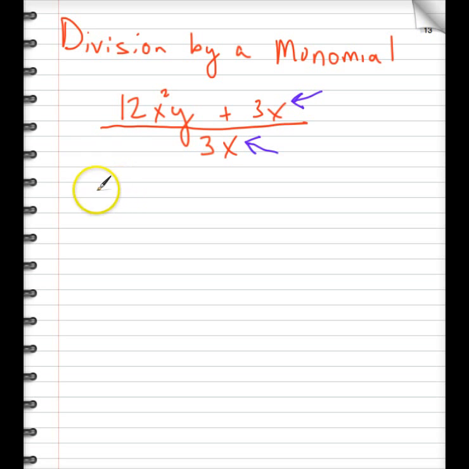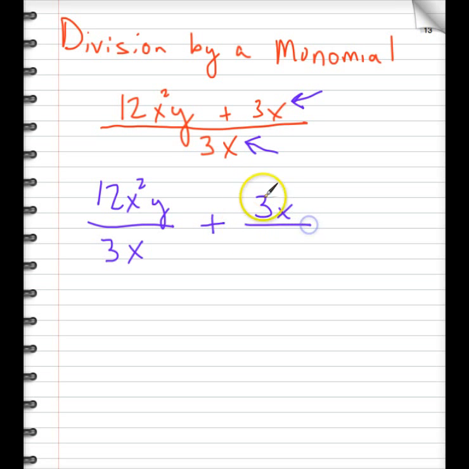So, what I'm going to do is rewrite my 12x squared y, and divide that by my denominator of 3x, plus my other term in the numerator, 3x, that also gets divided by the divisor, 3x. Okay, so you may always split it up like that, splitting up all the terms in the numerator by the denominator.